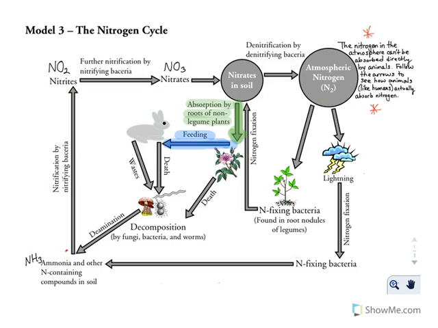So let's look at the reservoirs of nitrogen. Looking at the abiotic, or non-living, reservoirs or storage tanks of nitrogen, we would have the atmospheric nitrogen, which would be a very large reservoir of abiotic nitrogen.